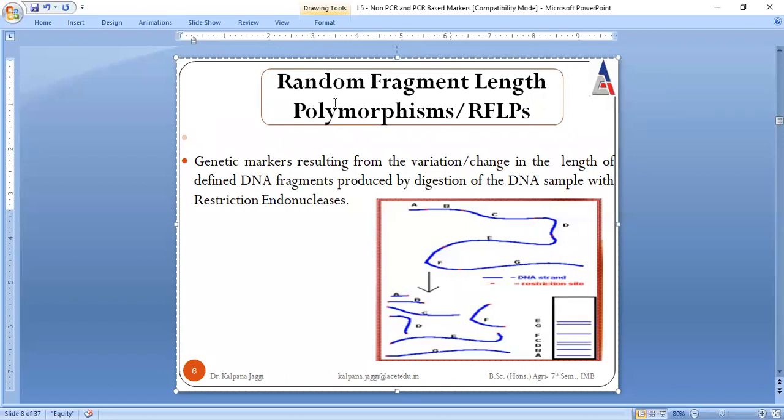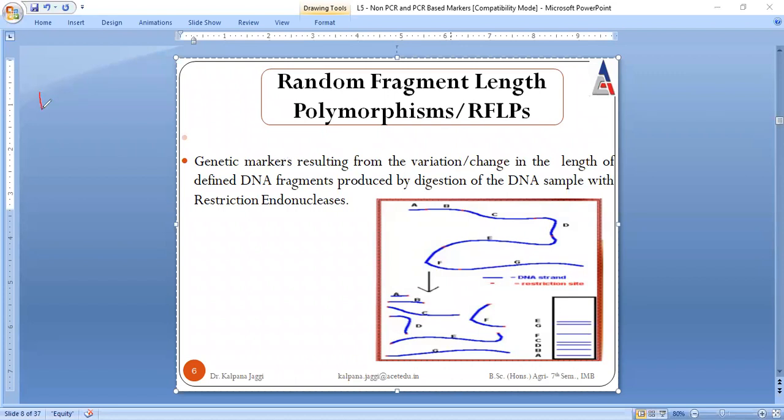So this is a non-PCR based molecular marker, and the principle behind it is hybridization. Okay. Now the very first is this RFLP. Of course, these are genetic markers.